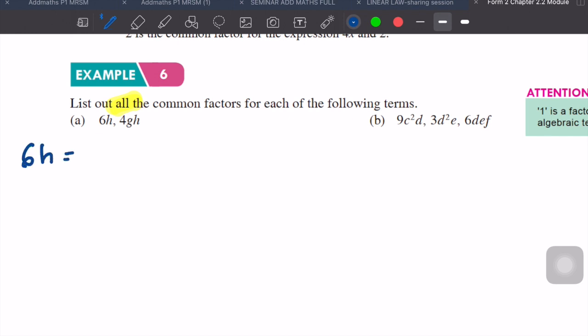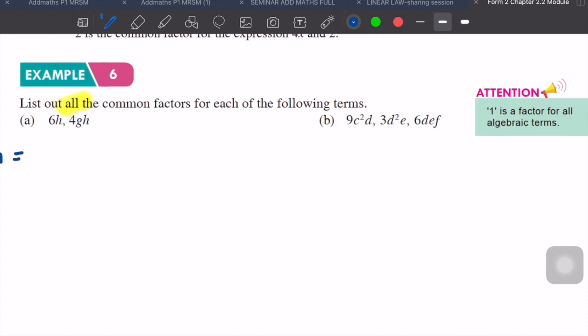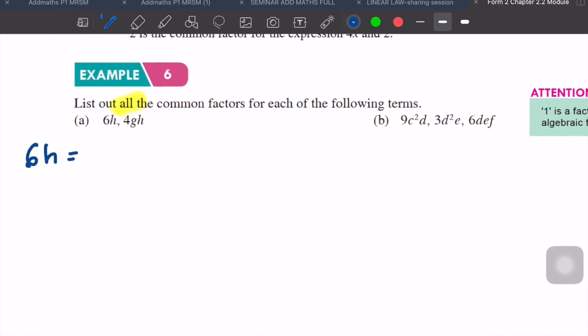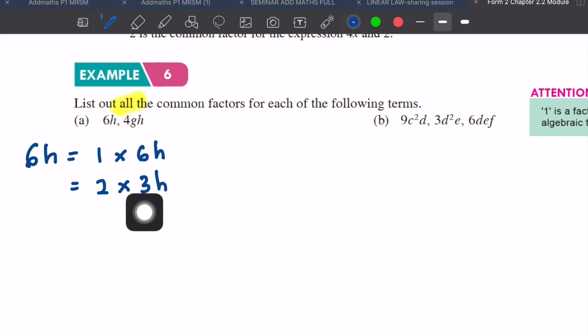We know that 1 is a factor of all algebraic terms, so you write 1 times 6h. Then you can also write 2 times 3h, where 2 times 3 you will get 6.